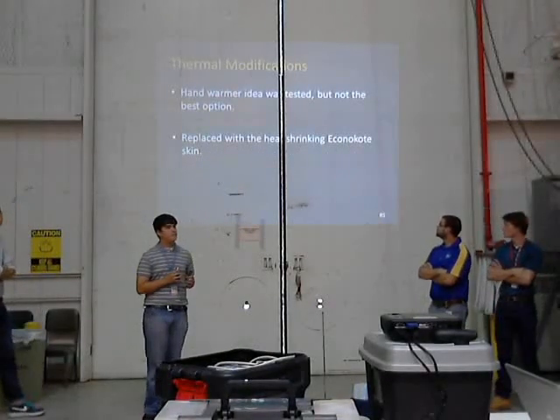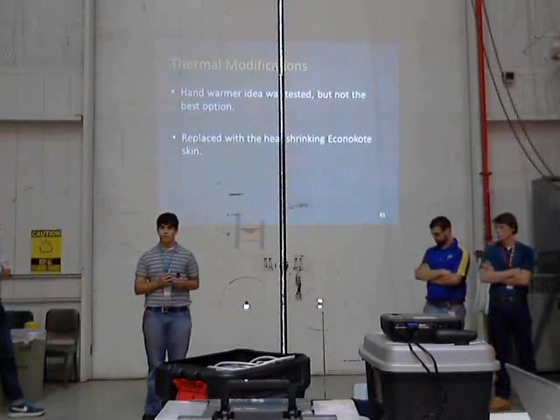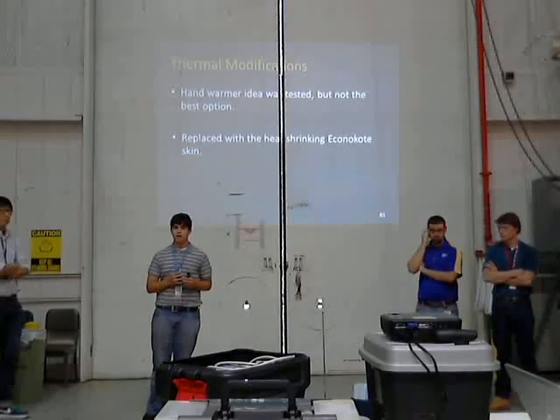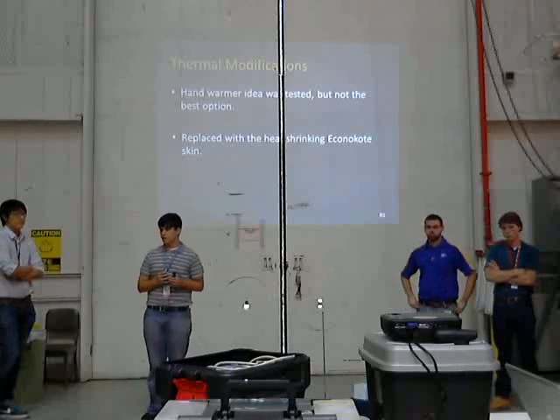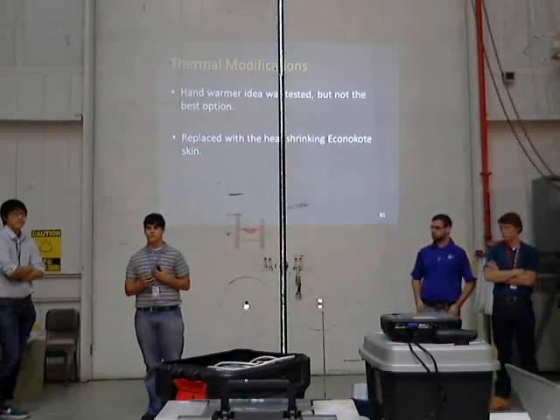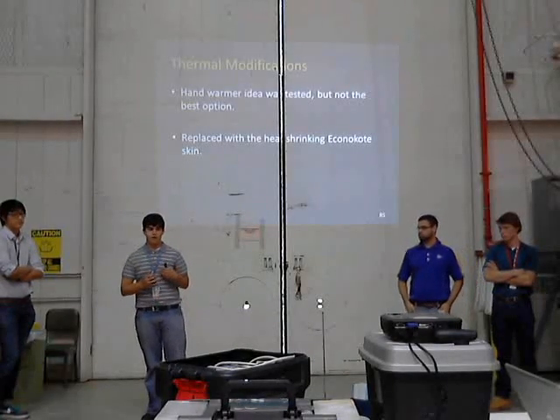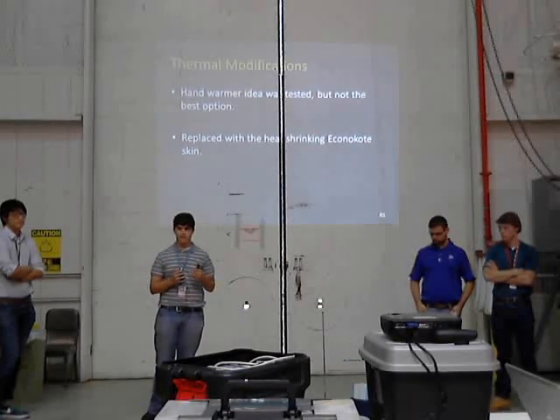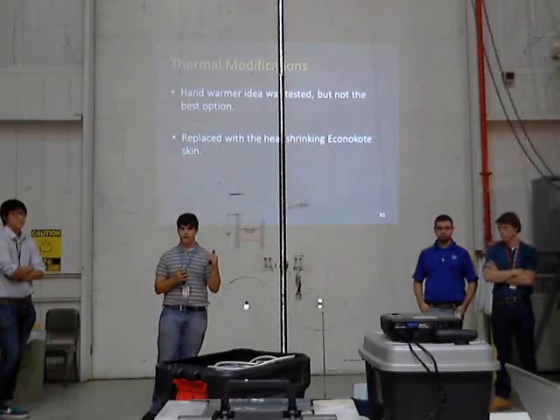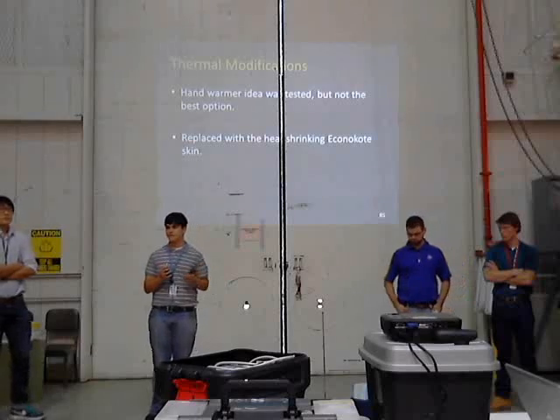We originally were going to use a hand warmer, but we were discouraged to use that. We understood the cost of using it, but the reason we were going to use it was to give us a better shield of heat inside the box, because that's one of our main concerns.